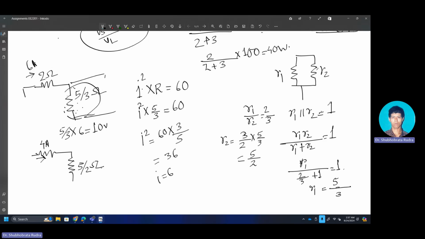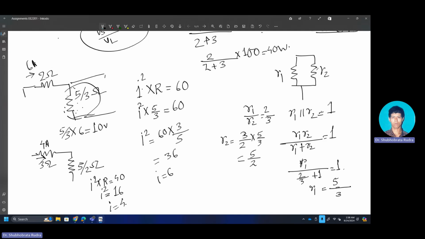I'm not doing all this because you can figure it out by yourself, because in this case your I square R should be 40, and from that, with R as 5 by 2, I square will become 16, and that will ensure I is equal to 4. So 4 ampere will flow through 5 by 2, and this is again 3 ohm.